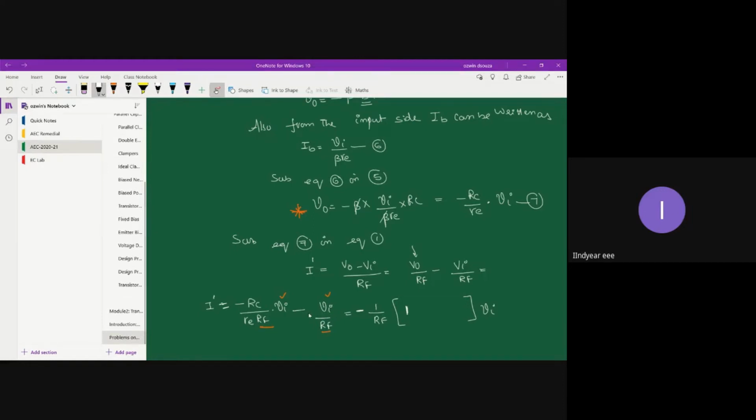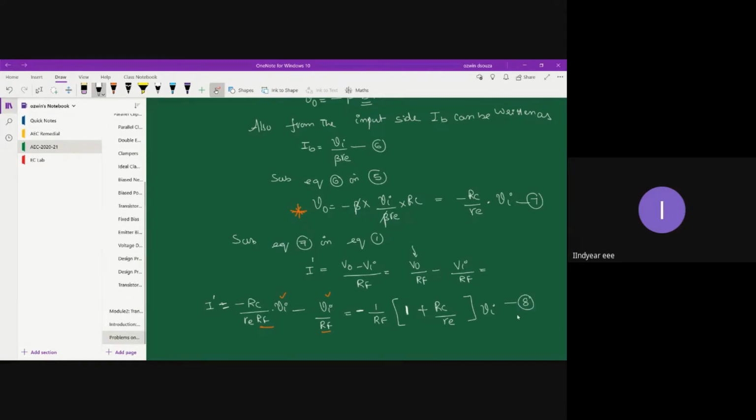So minus 1 by RF is here and VI is here. So effectively inside the bracket you will have 1 plus, because there is a negative sign, RC divided by RE. So basically you will get this resistance ratio added with unity. So fine, let's keep it as equation 8.